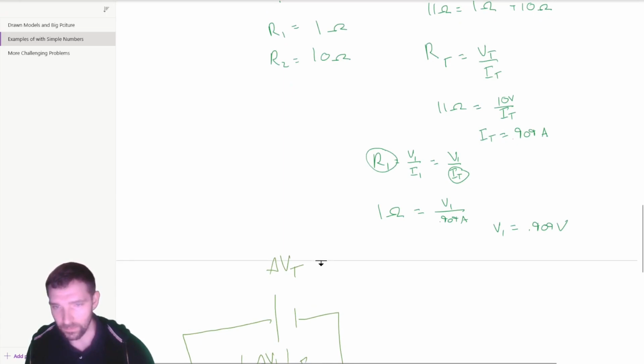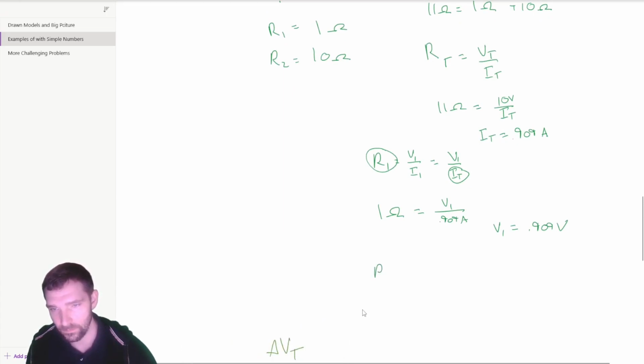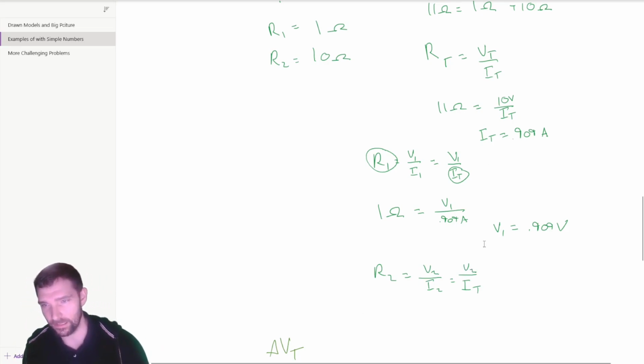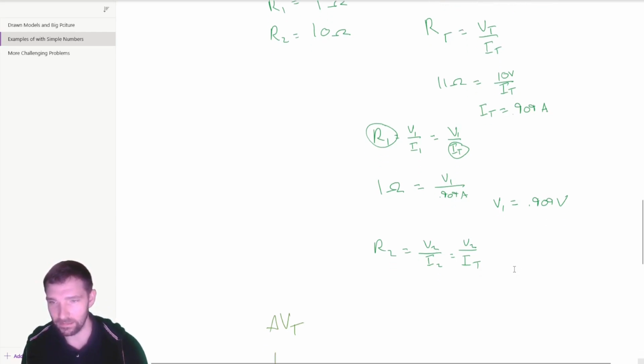And we can do the same sort of thing for R2. It's going to be equal to the V2 over I2, which is the same thing as IT. And then we've got the V2 jump going on between those two. You can kind of see what it's going to be. It should be like 909, I believe.